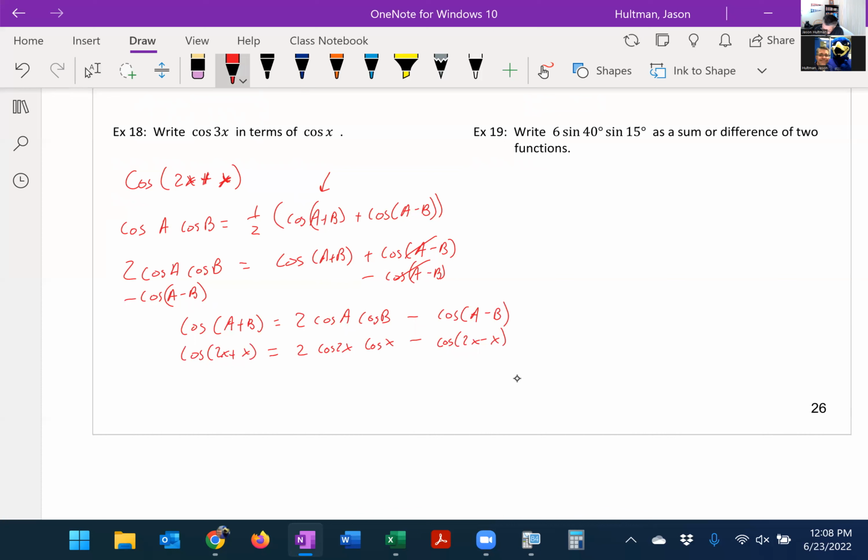So that goes to just x. So this is 2 cosine 2x cosine x minus the cosine of x. So we're getting close.